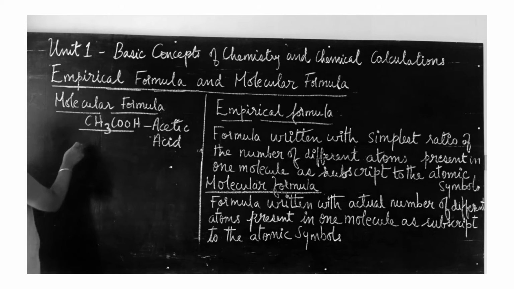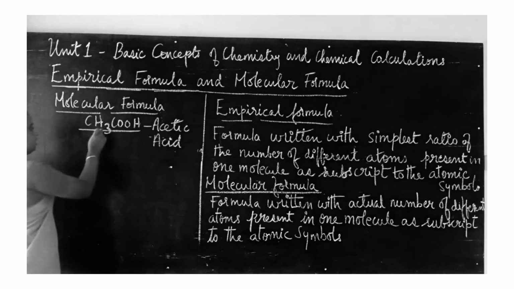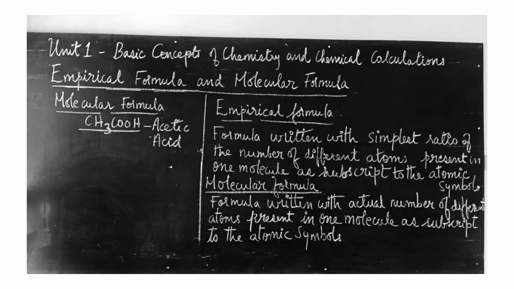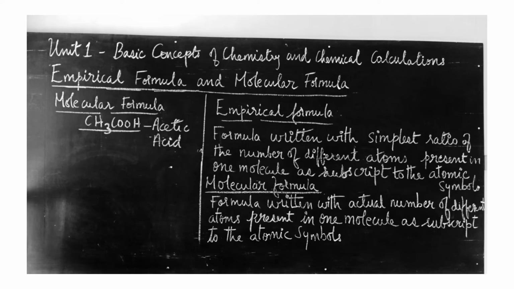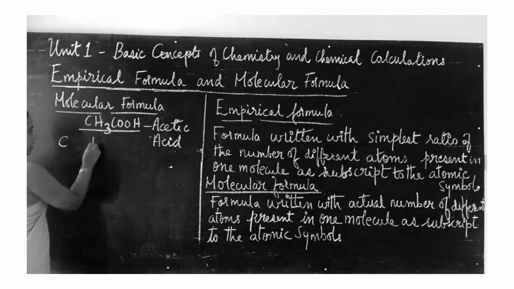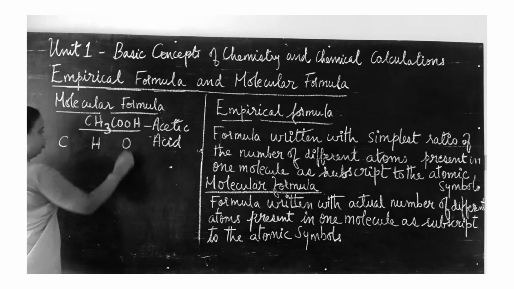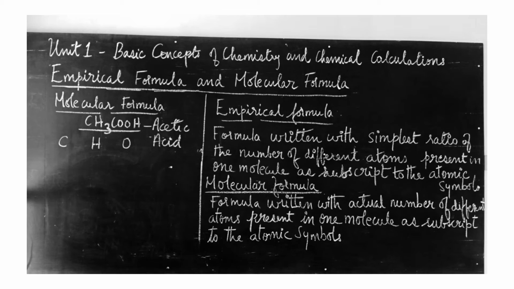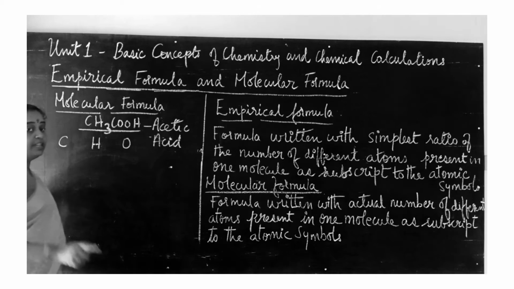Now let us look at how many atoms are present in this compound. There are three types of atoms present: carbon, hydrogen and oxygen. Now, how many of each are present? That is the next question.